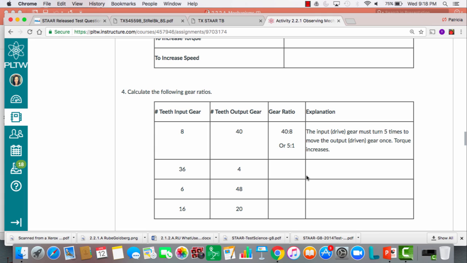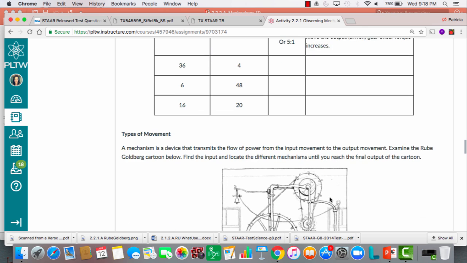If the ratio is 1-to-9, that means the input gear is going to move 9 times for every 1 turn of the output gear. Again, meaning that I will have less torque or more speed because my output gear is smaller. So go ahead and fill out the gear ratio and the explanations for the other two.